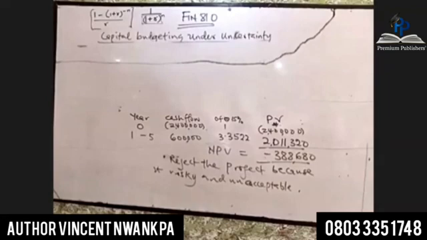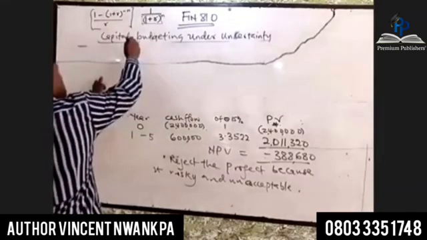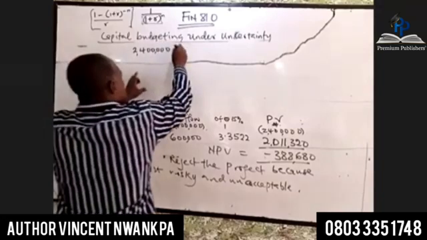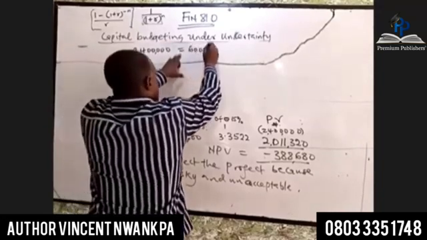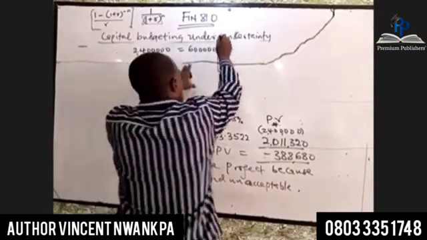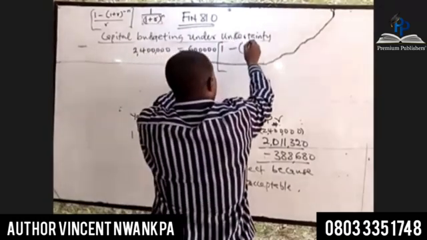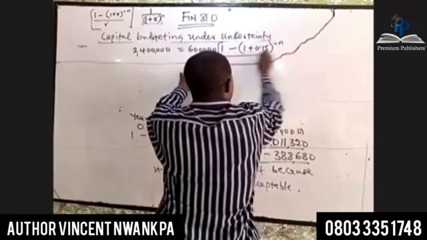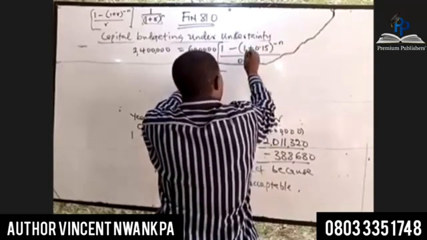So the present value is 2,400,000, equal to annuity 600,000 times 1 minus (1 plus 0.15) all raised to power minus n, all over r, which is 0.15.